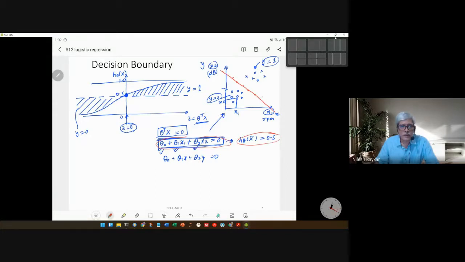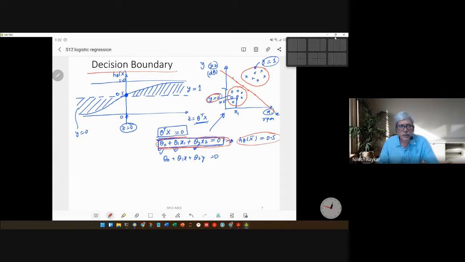That is why it is called a decision boundary. One set of data points lies on one side, that is y equal to 0, and another set of data points lies on the other side of this line. This is called the decision boundary for the classification problem.